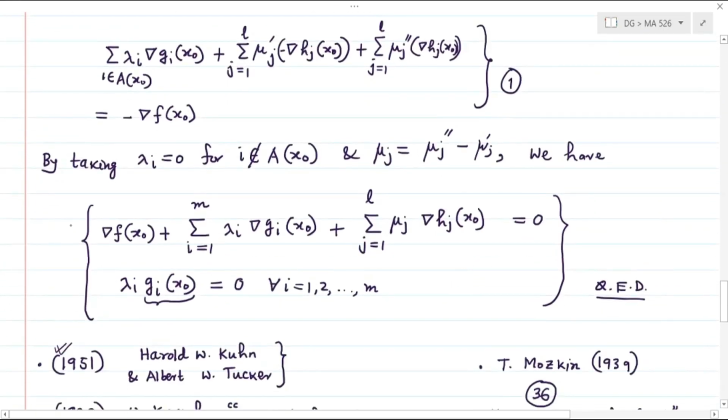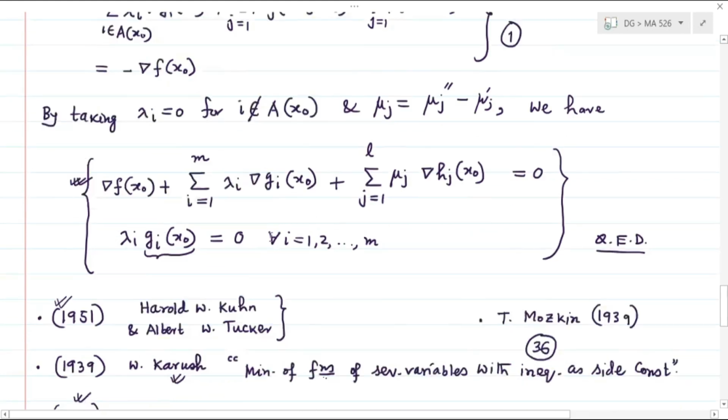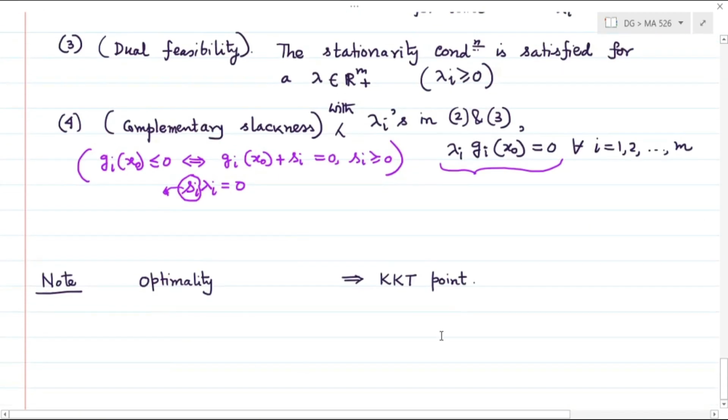So we'll have one example for this. Even if your problem is a convex optimization problem, x0 might not satisfy this system of equalities. And therefore optimality itself does not imply that the point x0 is a KKT point, but optimality plus a regularity condition or a constraint qualification will imply that the point x0 is a KKT point.